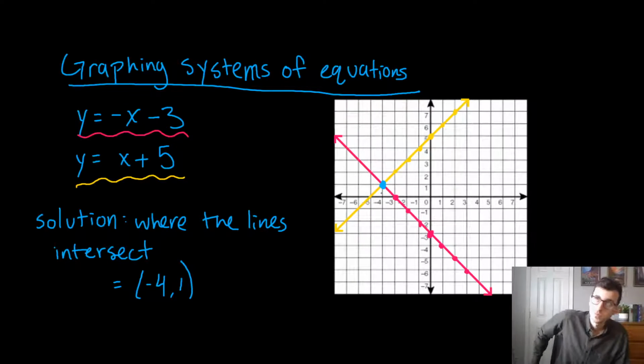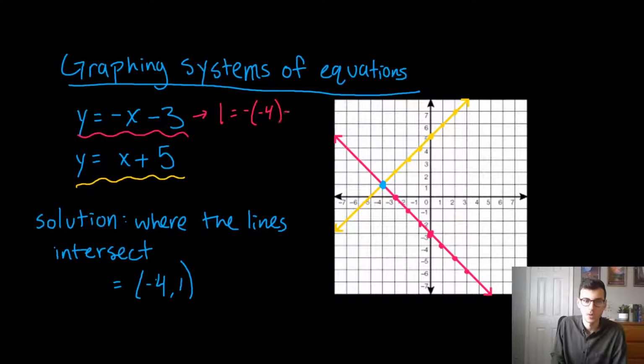And the meaningful thing about this is that if we were to substitute in this point for either of these graphs, it would be true for both of those graphs, right? If x is negative 4 for the first graph, then y is 1. And you can kind of see that. Kind of look at that, right? y is 1 equals negative 4 minus 3.